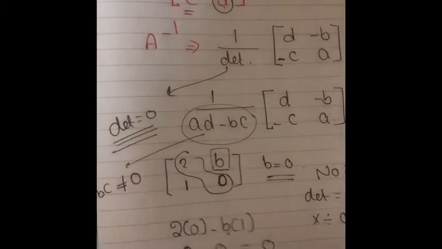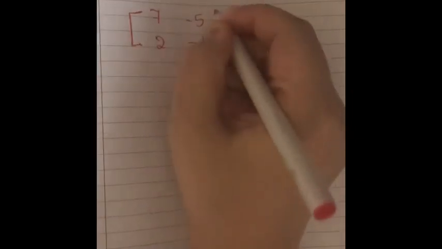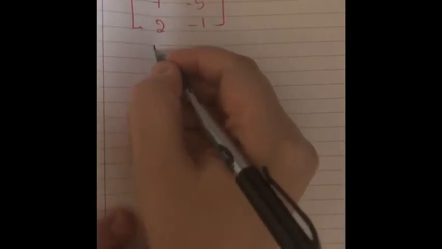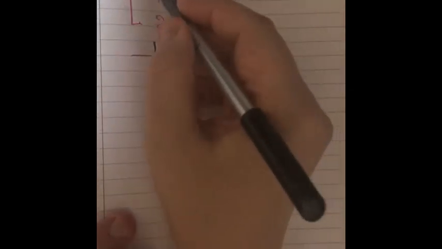Okay, for example, they want us to find the inverse of 7, 2, negative 5, negative 1. First I'm going to get the determinant, and then I'm going to do the switching of the places and the switching of the signs. So the determinant here is 7 times negative 1 minus negative 5 times 2.